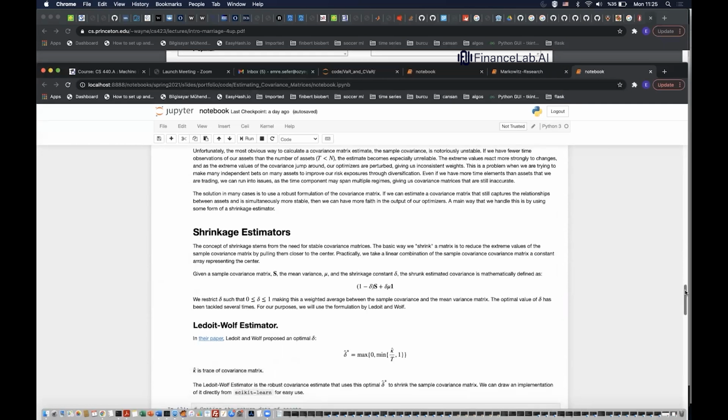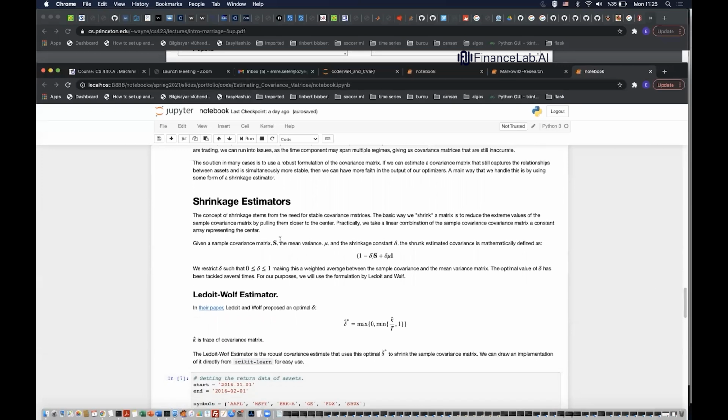Another thing about these covariance matrices, which we have not gone over in the text, is shrinkage estimators. In general, the covariance matrix depends on historical data, and it's not that stable. In order to make it stable, there are certain estimators called shrinkage estimators.